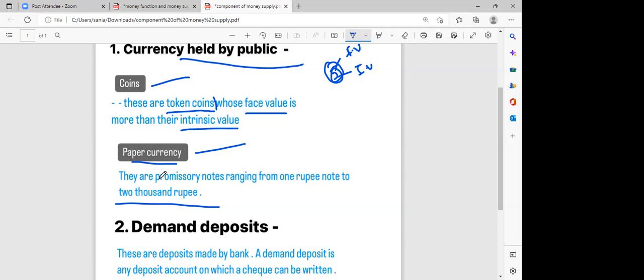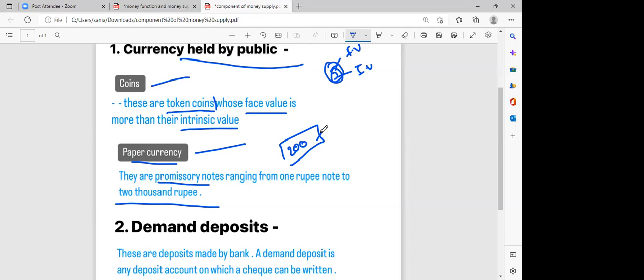For example, what is a promissory note? Suppose I am giving you a 200 rupees note. With that note, I am giving you a promise that, Naveen, you can purchase anything in the entire world whose price is 200 rupees or less.